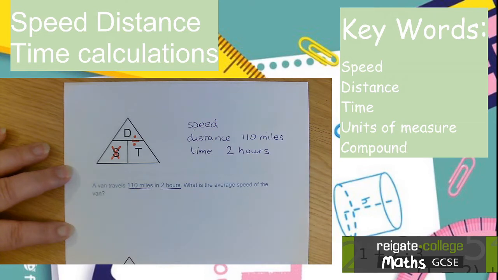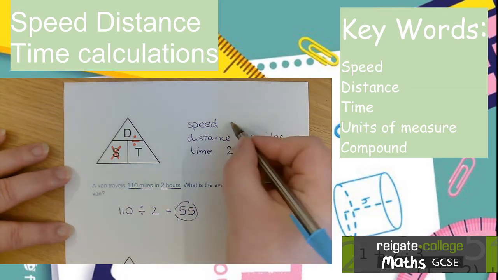So the sum we need to do is distance divided by time. 110 miles divided by 2 hours. We can do this calculation on a calculator, keying in 110 divided by 2, and the answer that would give us is 55.